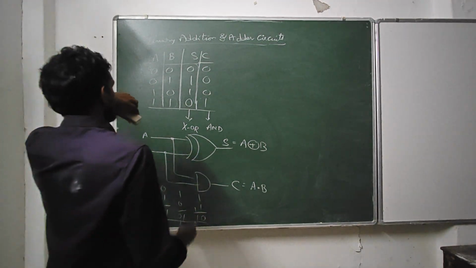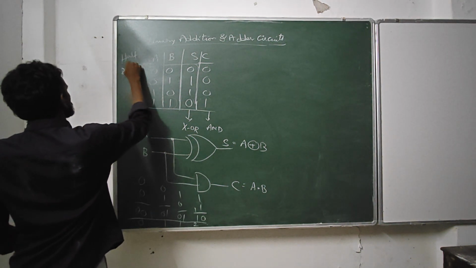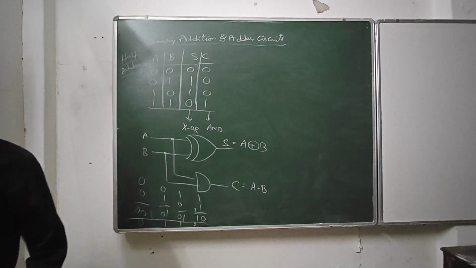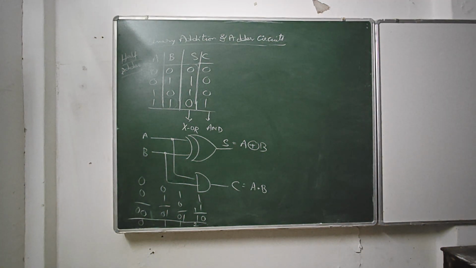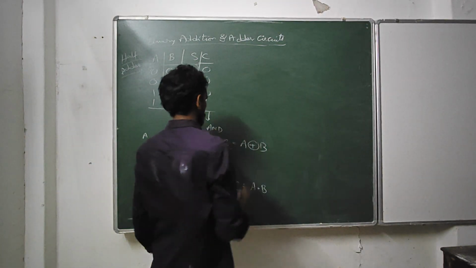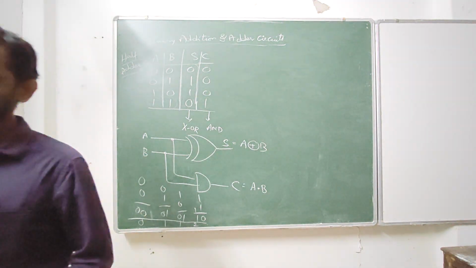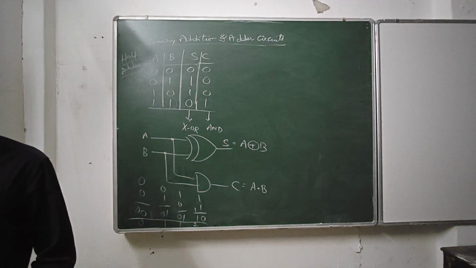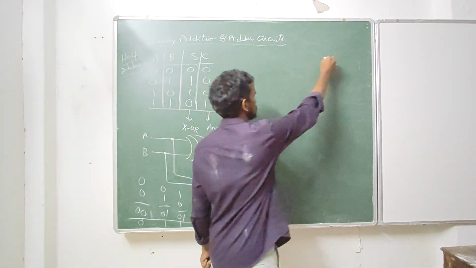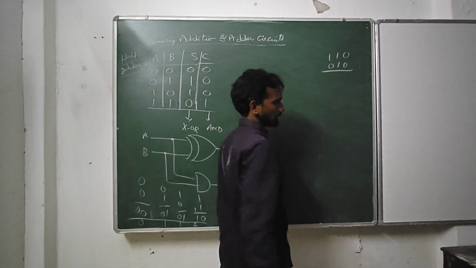So next comes the case. This is called half adder, because this performs only half of the addition operation. The major issue is if your binary number contains more than one digit, like 2-3 digits, let's say 110, 010, trying to add them.